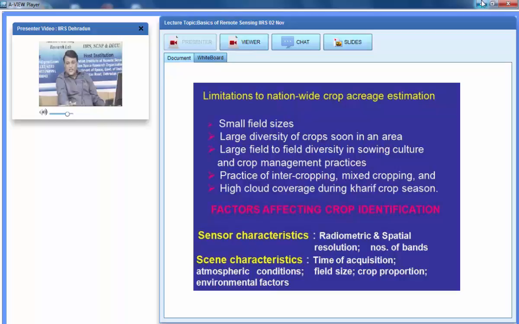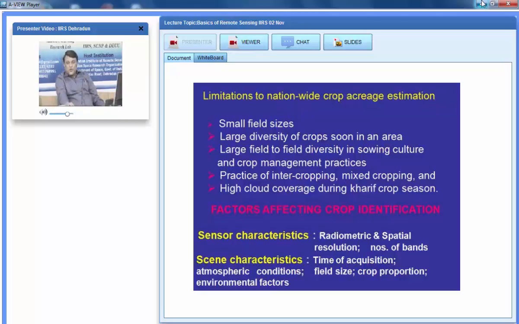So it is easily distinguishable. But in some areas where there are 4 or 5 crops at one instant of time during a particular season in the field, it is very difficult to discriminate these different kinds of crops. So there one has to have improved resolution, improved multispectral and hyperspectral satellite data which can make it possible to discriminate large diverse or confusing crops.